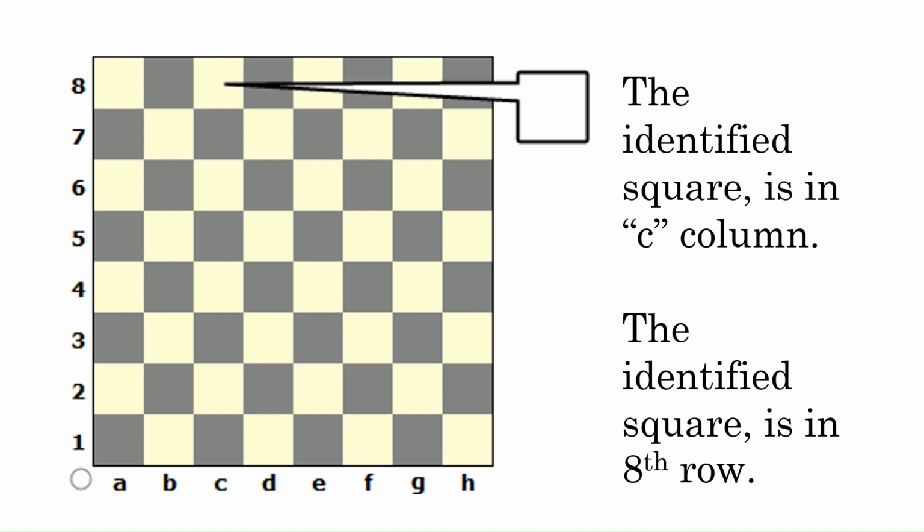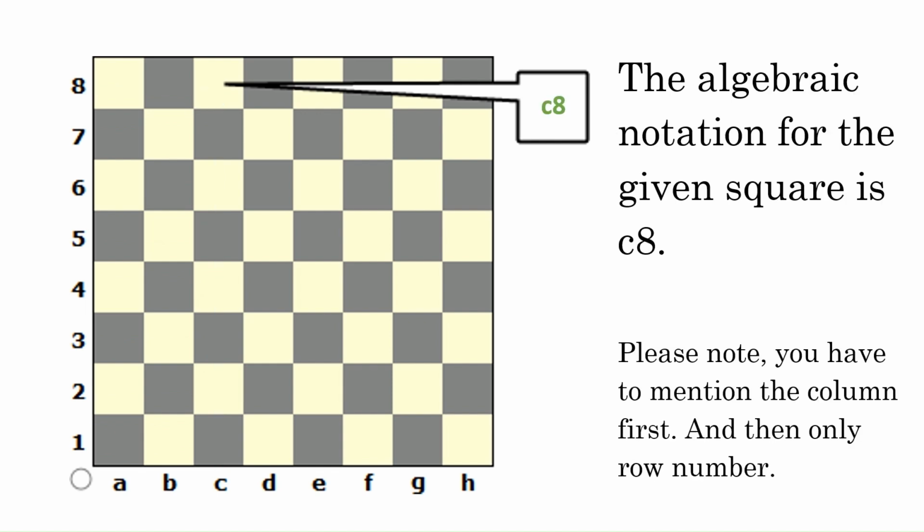Yes, the identified square is in the C column and the identified square is in the 8th row. So the algebraic notation of the given square is C8.